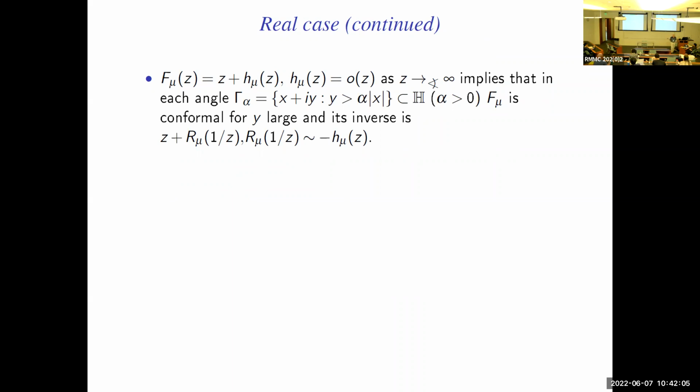In other words, F_mu of z can be written as z plus h_mu of z, where h_mu of z is equal to little o of z as z goes to infinity. So for F_mu of z, the dominating term is z.